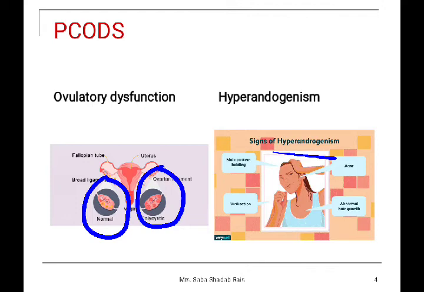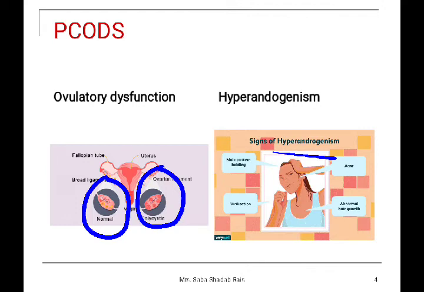The exact cause of PCOS is not known, but it is related to endocrine, genetic, or environmental factors. One of the major factors in the increased incidence of PCOS is obesity. 60% of the affected women are found to be obese.